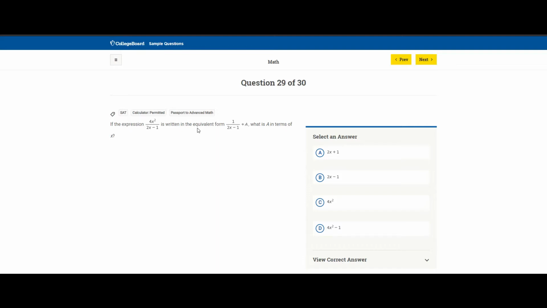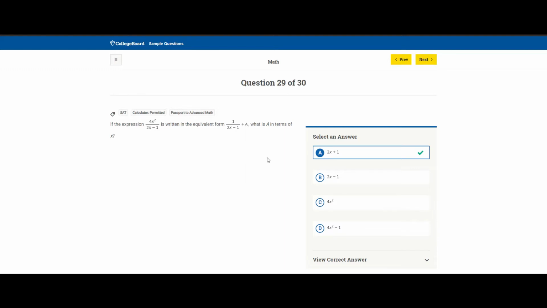It's been a while since I've done polynomial division. Okay, so it's 2x plus 0, and then what is a in terms of x? Let's see, plus 1. So it should be 2x plus 1. Yep, that should be the answer.